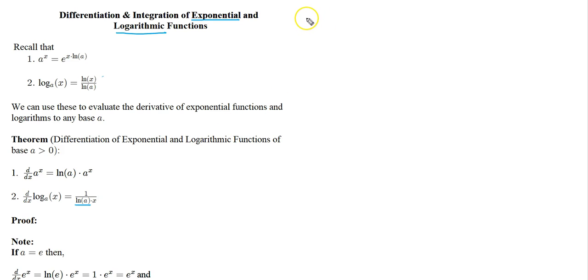So for the proof of number 1, note that we can write a to the x using this result right here. So there we just took the derivative of both sides. That's essentially what we did.